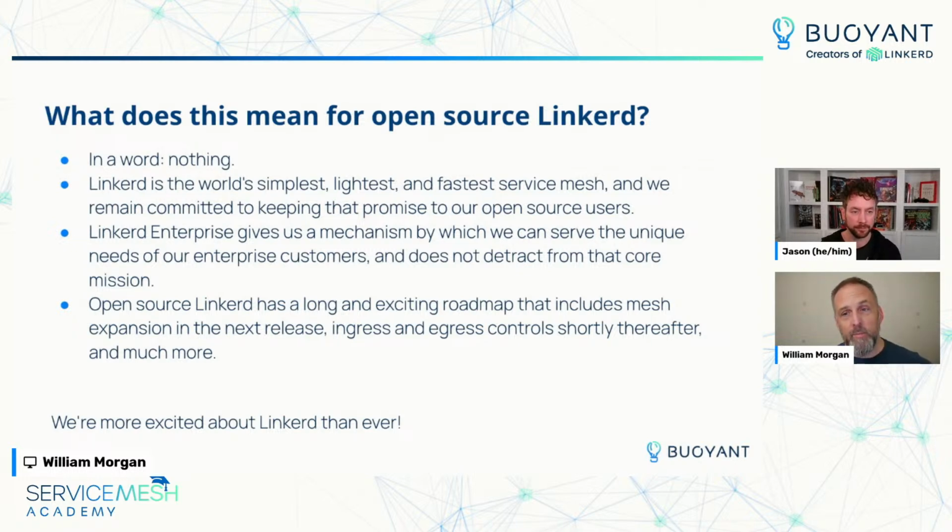Enterprise gives us a mechanism to serve these kind of unique and special needs, but it doesn't detract from that core mission. And as I showed in the very beginning, we've got a really long and exciting and powerful roadmap for open source Linkerd, with mesh expansion, ingress, and a lot of other fun stuff. So all that stuff continues to be in the open source.